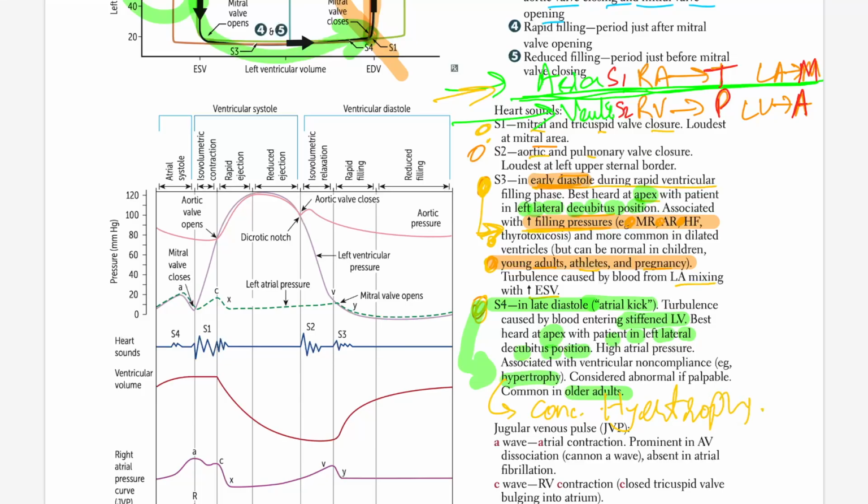And the other one is going to be your eccentric hypertrophy. So if you look here, they're saying dilated ventricles. So what do they mean? They're trying to say eccentric hypertrophy. Okay, and that is going to be all for S3 and S4.